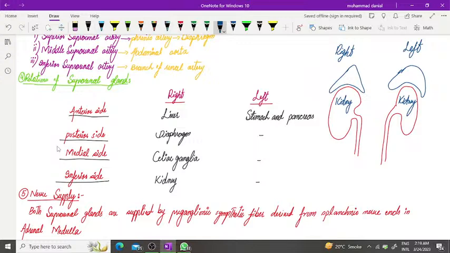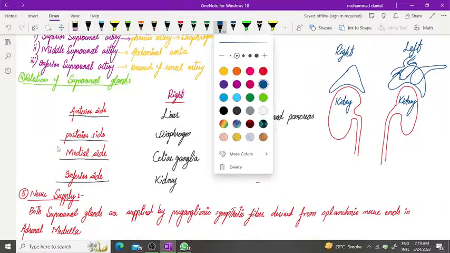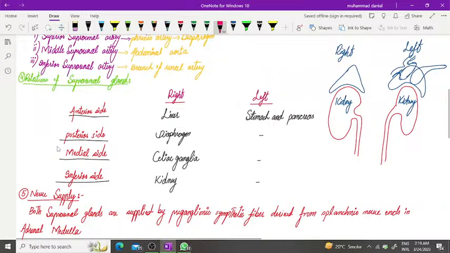If I draw here, stomach is there, then pancreas is there. In case of right, the liver is present to the anterior side.